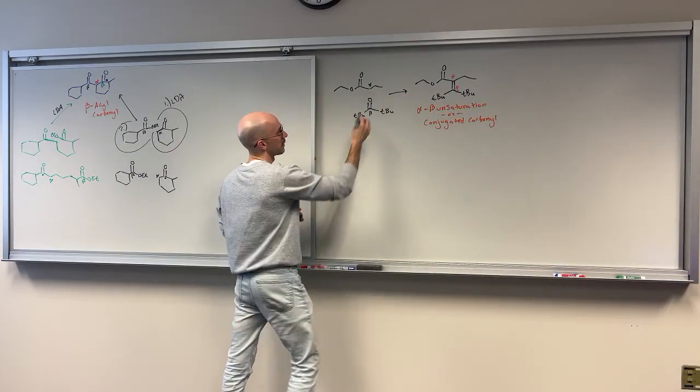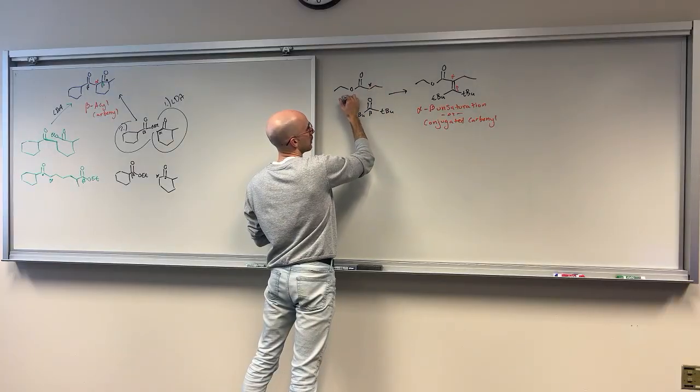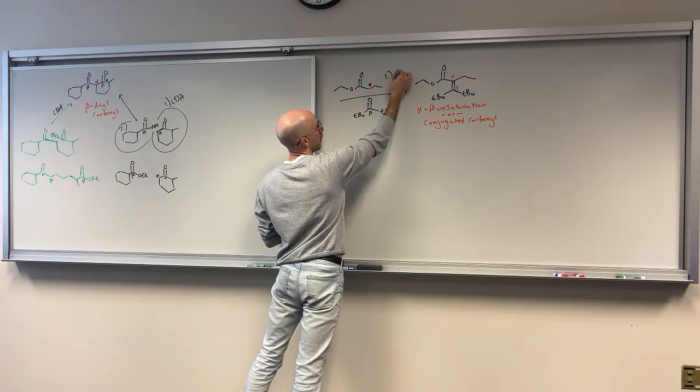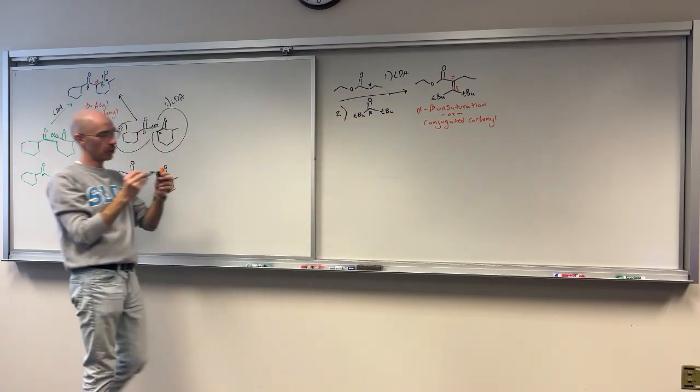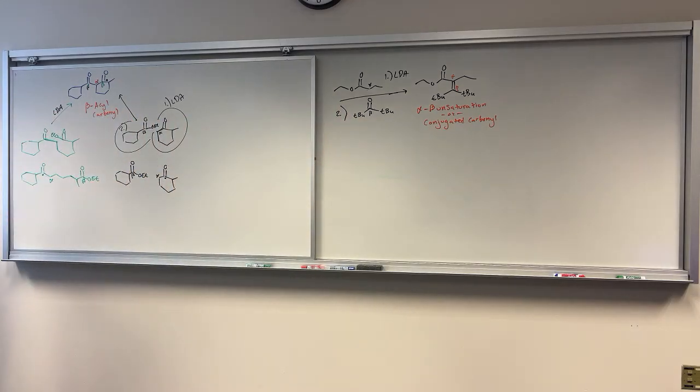So we would write that as first LDA, second ditert-butyl ketone. Can't you do NaOEt? NaOEt would facilitate the ester doing Claisen condensation with itself.